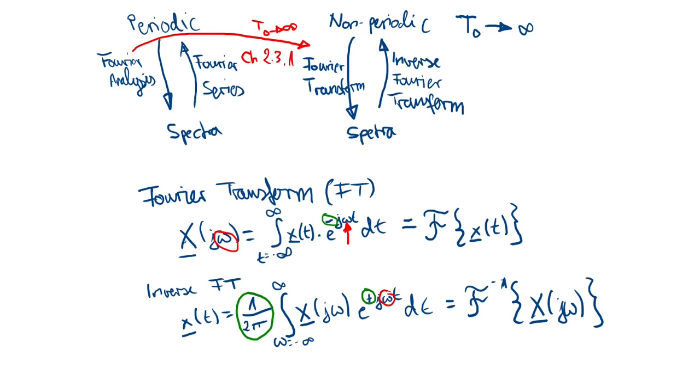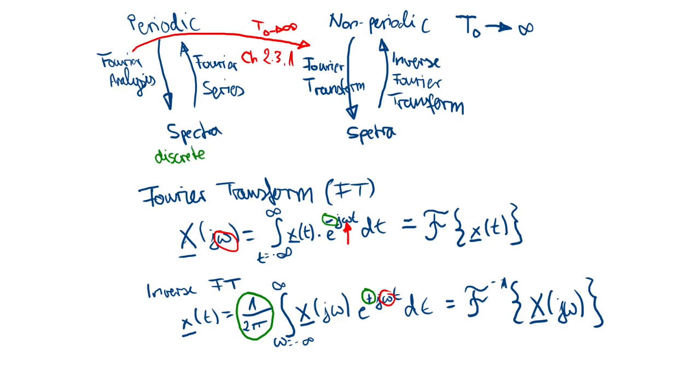And there is a major difference to periodic signals. Periodic signals had a discrete spectrum.